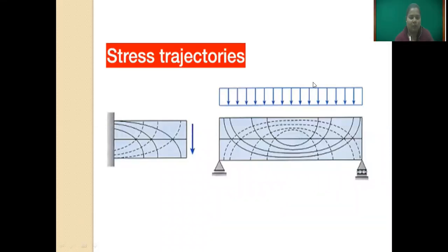So from unit number 2, one point is remaining, and the point is stress trajectories. So all of you, please write down the next point, stress trajectories, and draw these figures. Then I will explain. Okay.